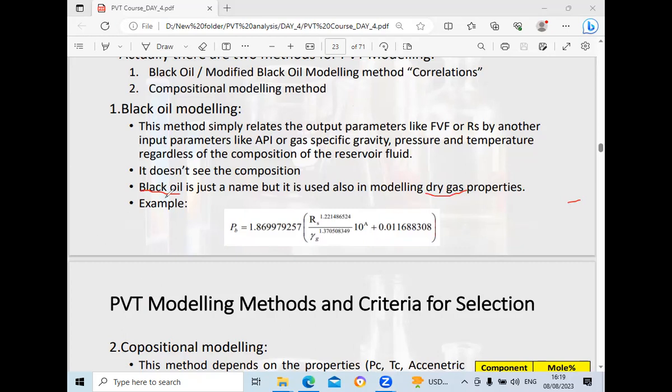That means if I have a dry gas, I can also use the black oil model. If I have a black oil, I can also use the black oil model, because their properties do not change widely with changes in pressure and temperature conditions.